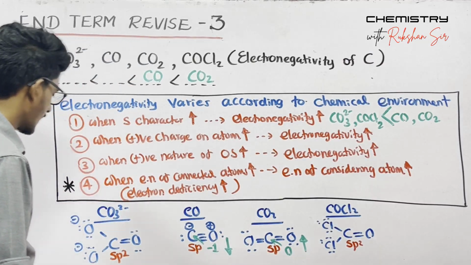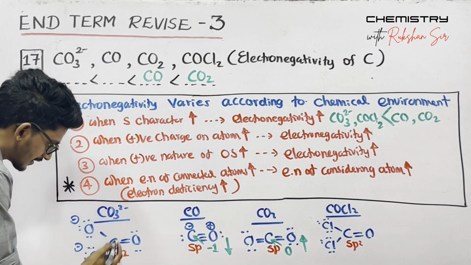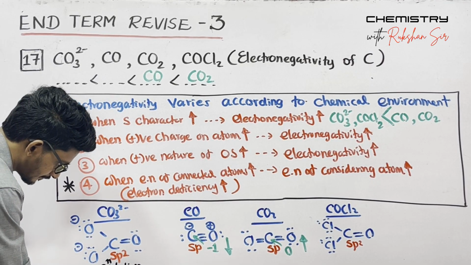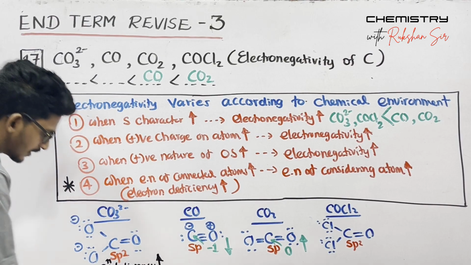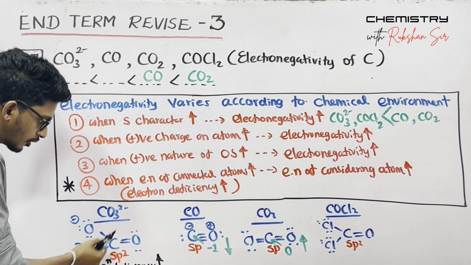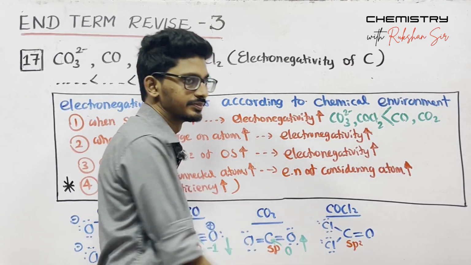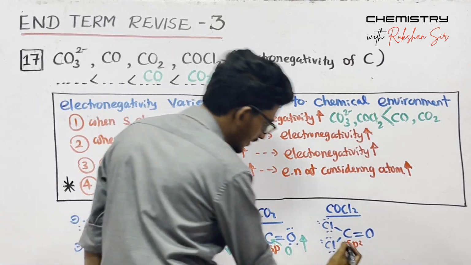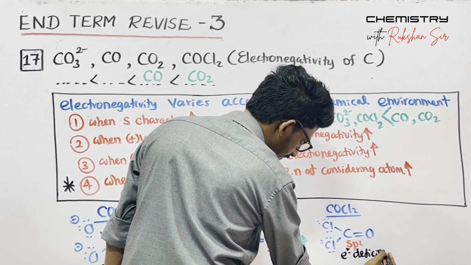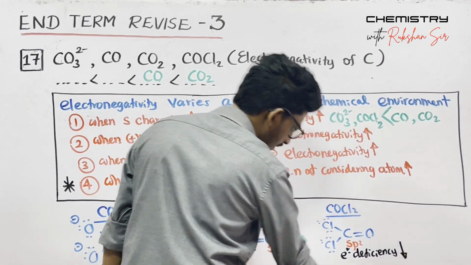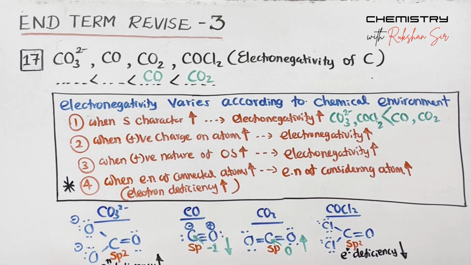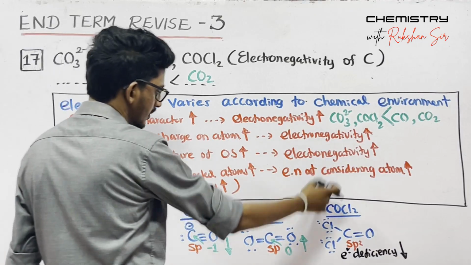So the electron deficiency of this carbon is high, because of severe electron attraction from the oxygens compared to chlorine. Electron deficiency is less with the other carbon. Greater the electron deficiency, greater the electronegativity of the considering atom.